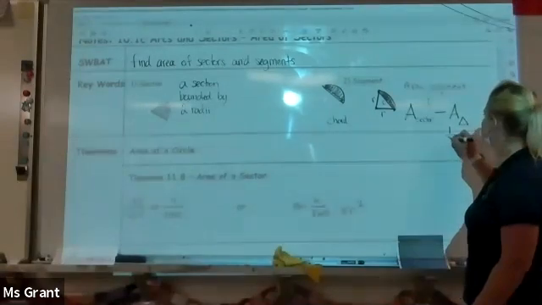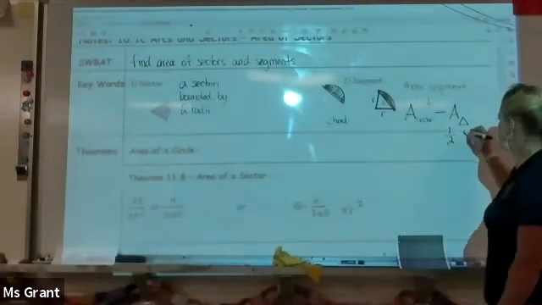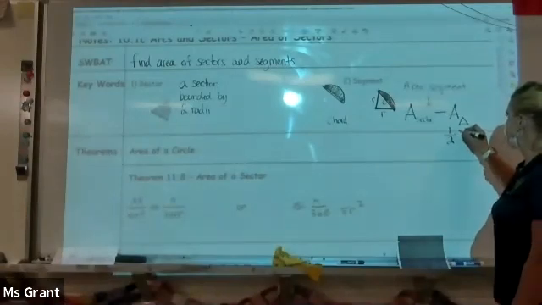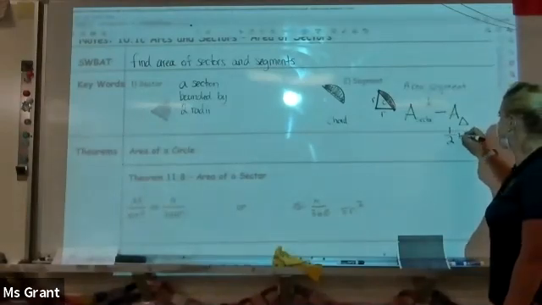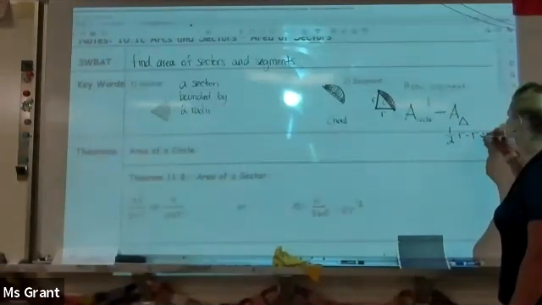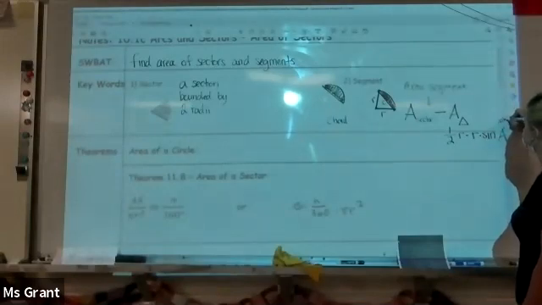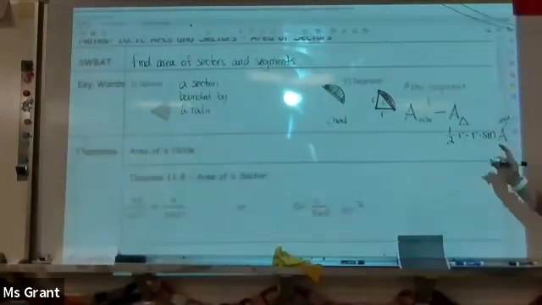I'm going to do this formula. We used this formula last chapter, and it would be like the radius times the radius times sine of the angle. That's the formula.